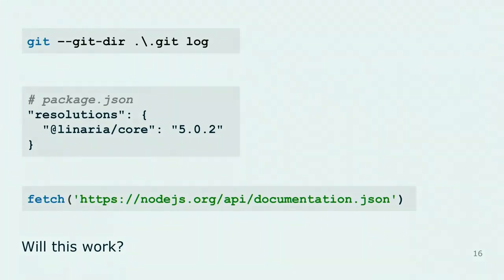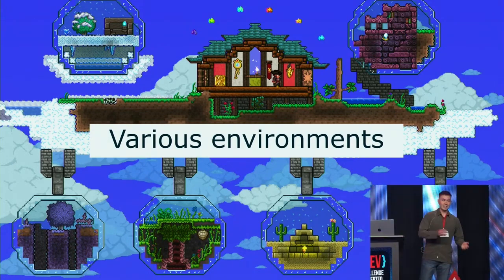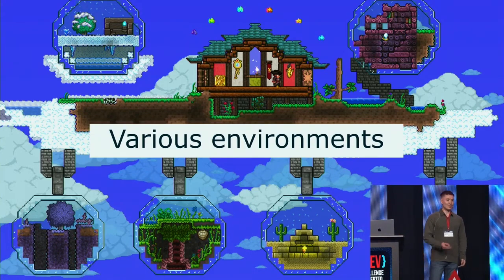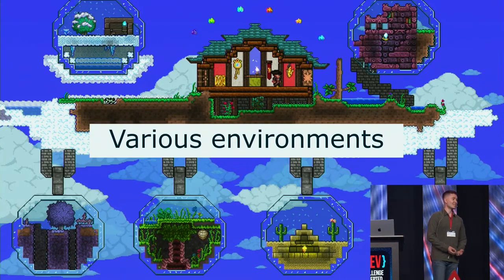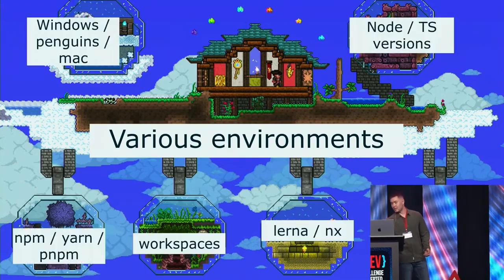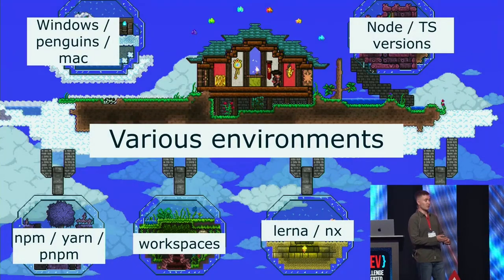So what I mean here is that working with code, we are kind of in various environments when we deliver this code. And there is a common fallacy that you all know, that if it works on my machine, then it works, right? Well, it doesn't. It doesn't obviously work. And we have these different things, like package managers. We have workspaces with a lot of problems with the transient dependencies and hoisting.